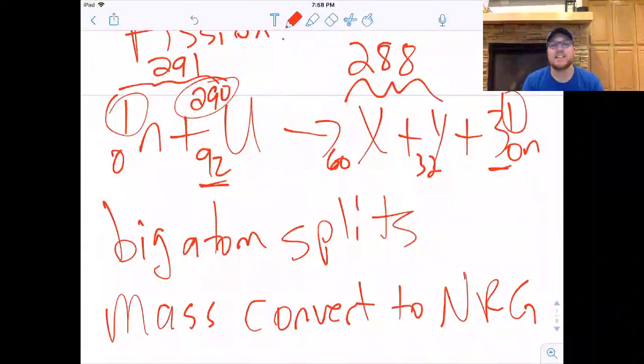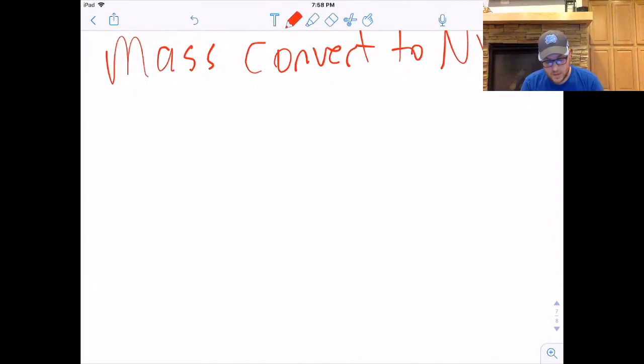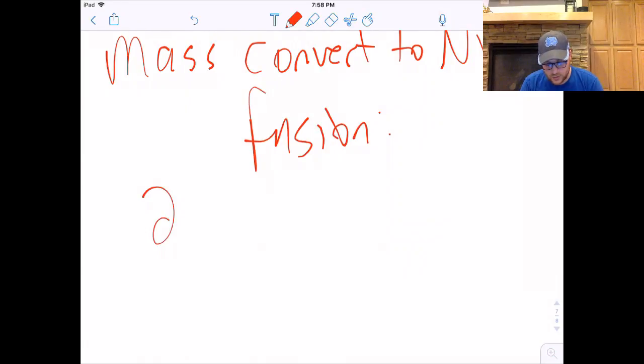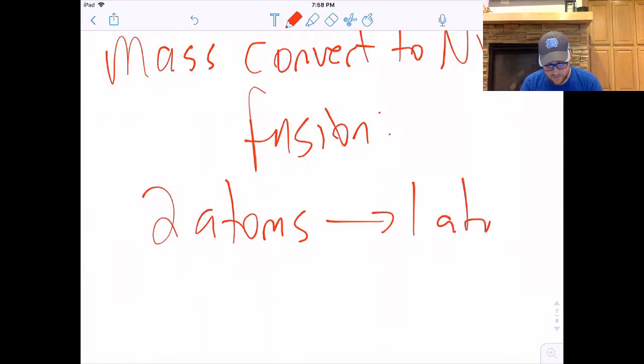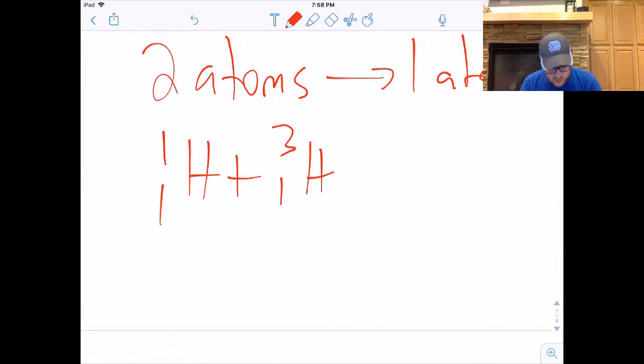And then there's fusion. In fusion, 2 atoms will fuse and become 1 atom. Nine times out of 10, it's a helium atom. So usually, the majority of the time, they take 2 hydrogens and fuse them together to make a helium. Sometimes it'll release something else.